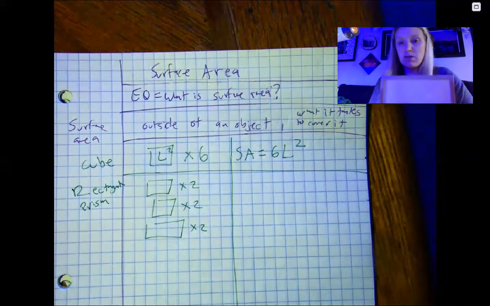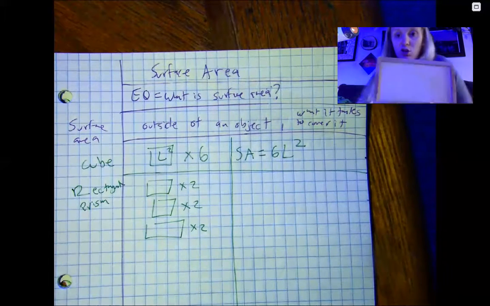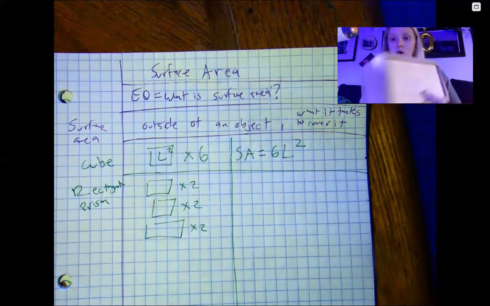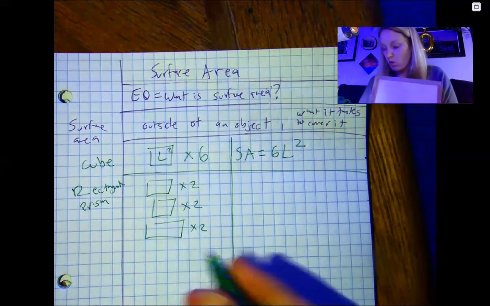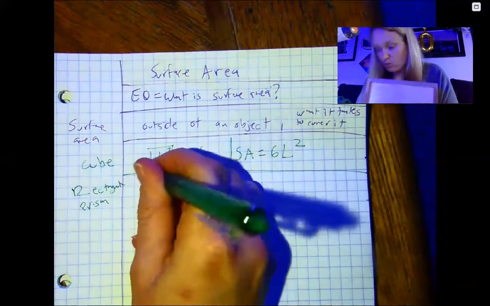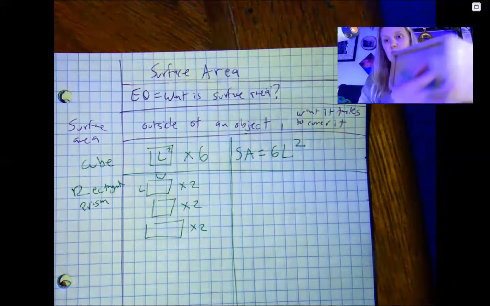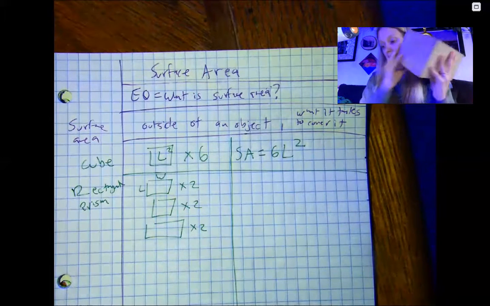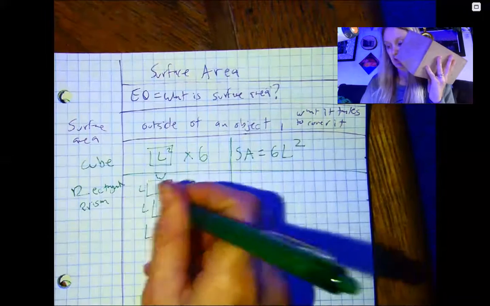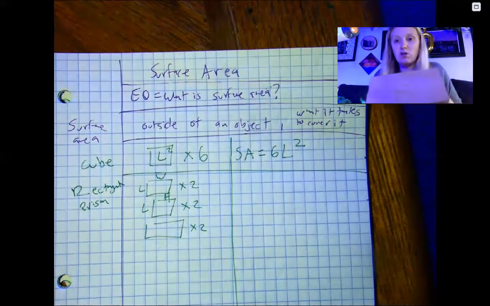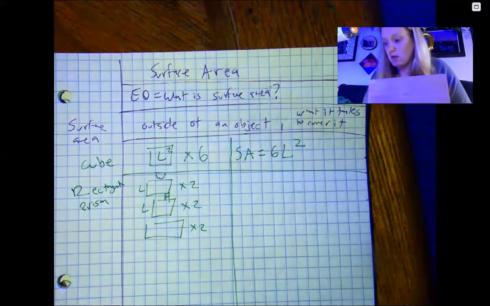For my sister to make this, she has this side, which is identical to the top. So the top and the bottom are the exact same: 2 of the length times width. And the sides, she has 2 of the same here. Let's call this the length times height. It doesn't really matter. And then here we have the height times width.